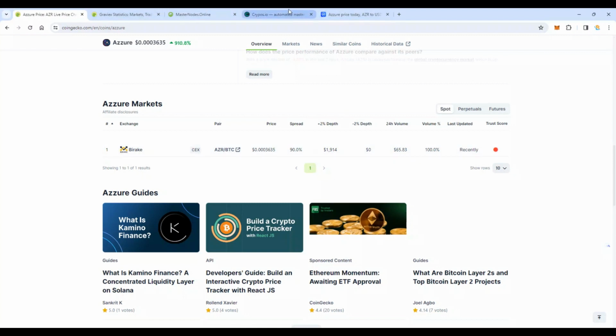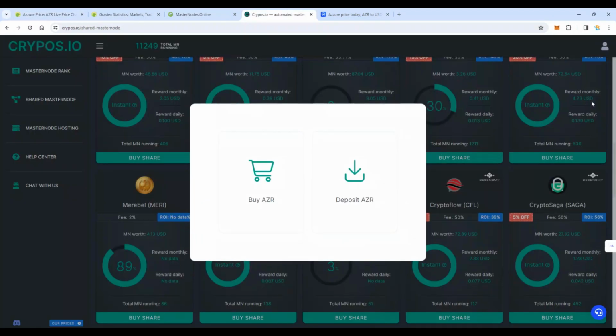But here, for you to run a shared node, you need a minimum of $72. So you don't even have somewhere to buy enough amount required for you to run a shared node. Now, you can also choose to buy Azure from the Crypos itself.